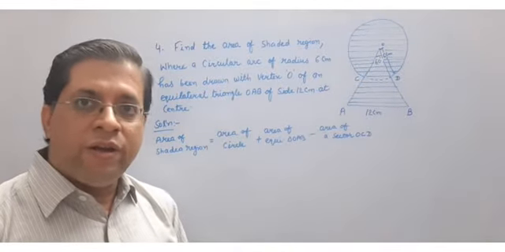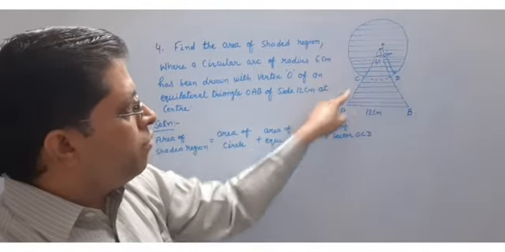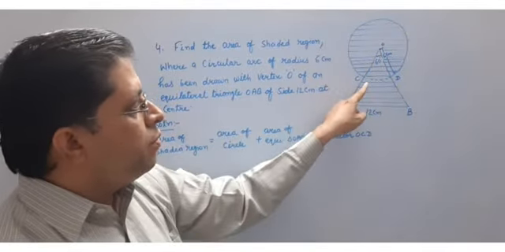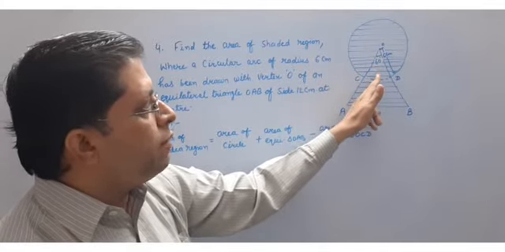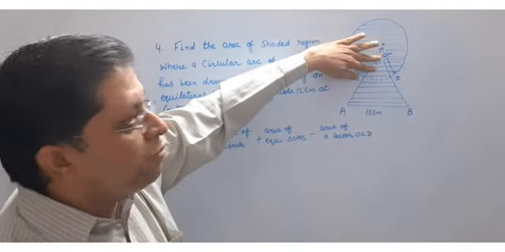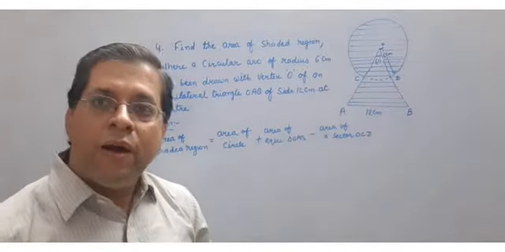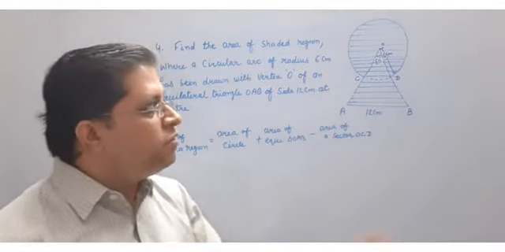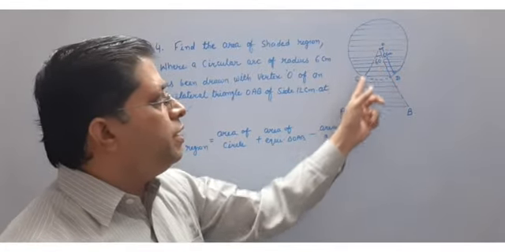And how to get the shaded region? This is the area of circle plus area of triangle. But this part, just you see this sector, because it is coming 2 times, no? When I take the circular part, this part is coming. If I am taking the equilateral triangle part, again it is coming. So I have to remove this sector, the area of sector OCD, one time.